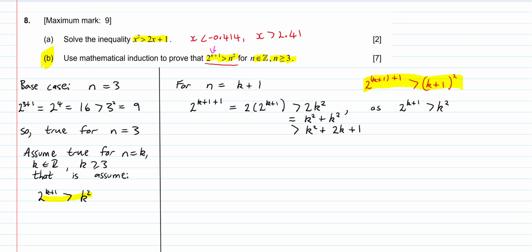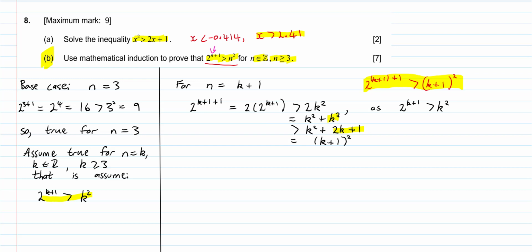And we know that is true if x is greater than 2.41. And we're assuming here that k is greater than or equal to 3. So we can definitely say that k squared is going to be greater than 2k plus 1. So now we just factorize that statement there, k squared plus 2k plus 1. So that's going to be equal to (k plus 1) all squared.